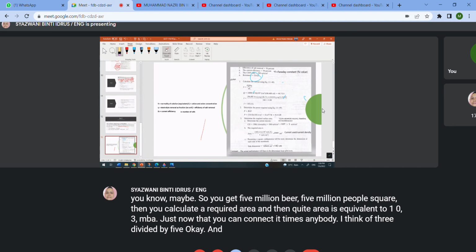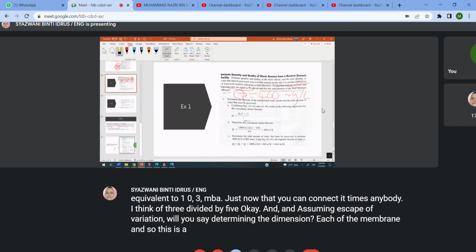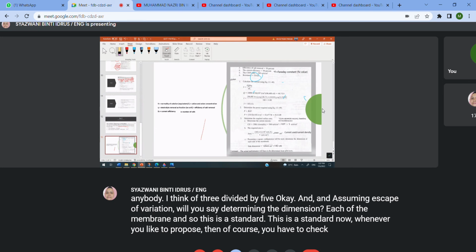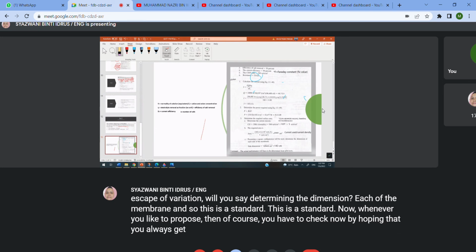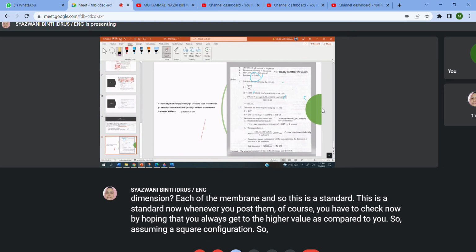Assuming a square configuration will be used, determine the dimension of each membrane. So this is a standard. Whenever you would like to propose, of course you have to check, hoping that you always get a higher value as compared to the calculated. So it is very clear that you have to assume a square configuration.